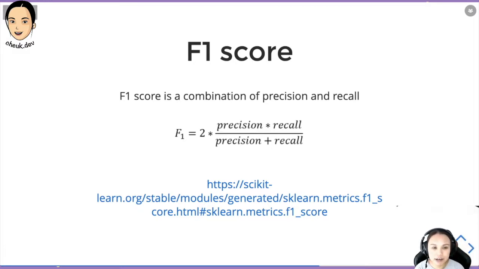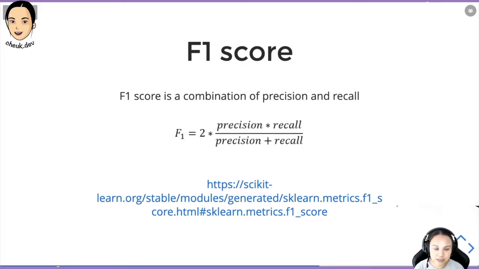If recall is very bad, it's 0, and you can see the F1 score is 0. If precision is 0, it will also be 0. And if both of them are good, 1 and 1, there's a 2 there to cancel out the denominator, so the best F1 score you can get is 1.